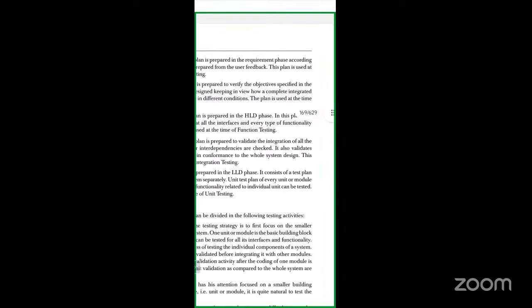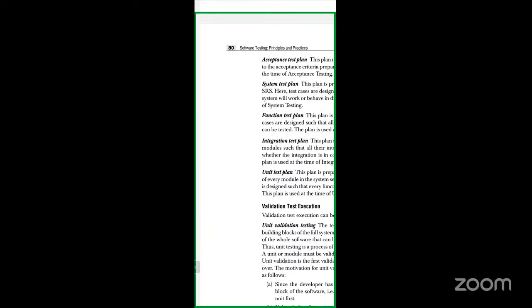It consists of a test plan of every module and sub module, that is low level modules, and it goes for the unit testing of each and every sub module as well.